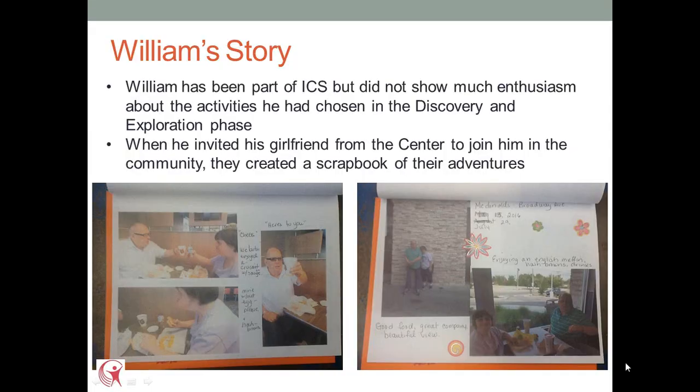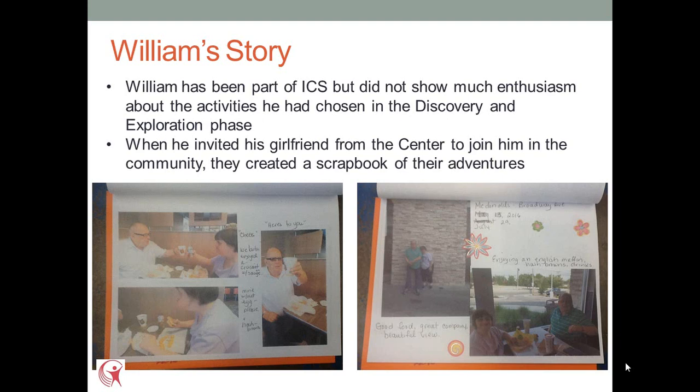Now let's take a look at another example of an individual whose life has changed since he's become more active in his community. These pictures are a little hard to see, but they're pictures of William and his girlfriend. William has been a part of the original group of ICS participants. He really didn't show much enthusiasm about the activities that he chose during the discovery and exploration phase.